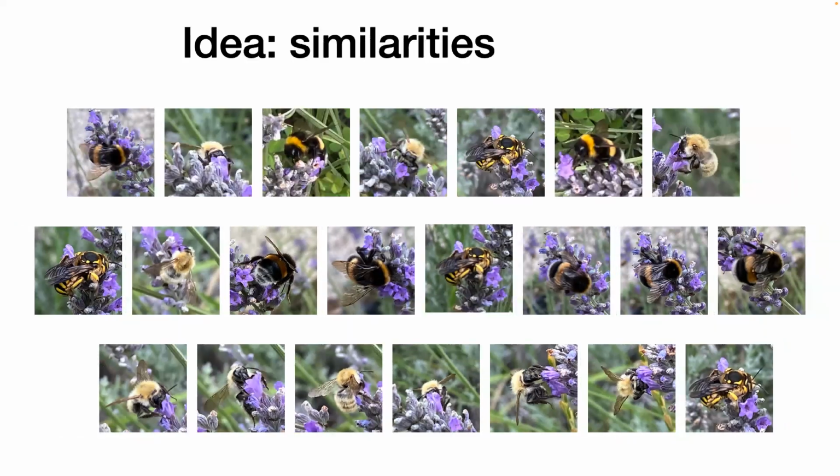Okay, so the idea is to work on similarity. So you don't know what to tell them to do in terms of identifying species. So what you can tell them is try to group together animals or plants that look similar. And that would be signal for you, right?